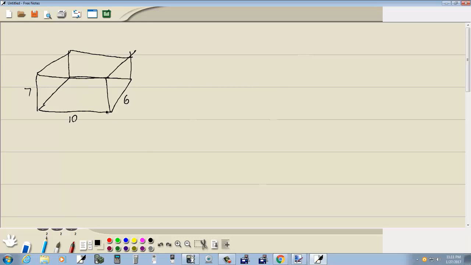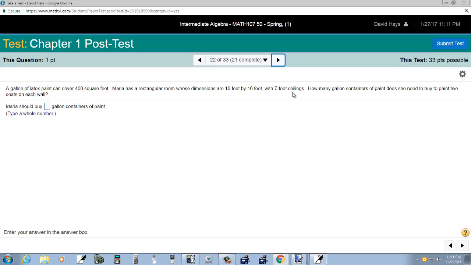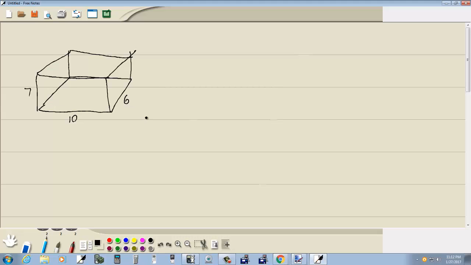Not very good at drawing. Okay. How many gallon containers of paint does she need to paint 2 coats on each wall? Wall, not the floor, not the ceiling, but each wall.